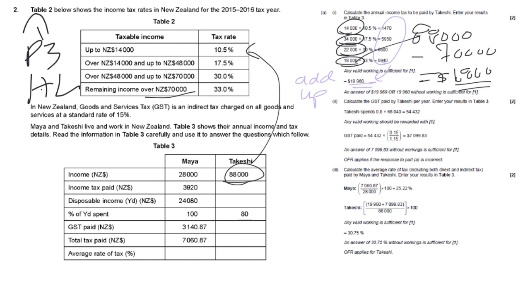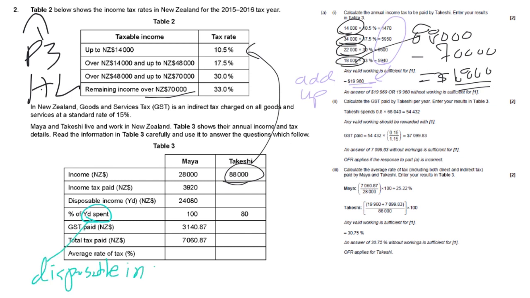Let's go to part 2. For part 2, we have to calculate the general sales tax paid by him. Let's take a look at the tax rate of the general sales tax. It would be 15% charge. Now before we compute, you have to be very careful of the percentage of YD spent. This YD stands for disposable income.